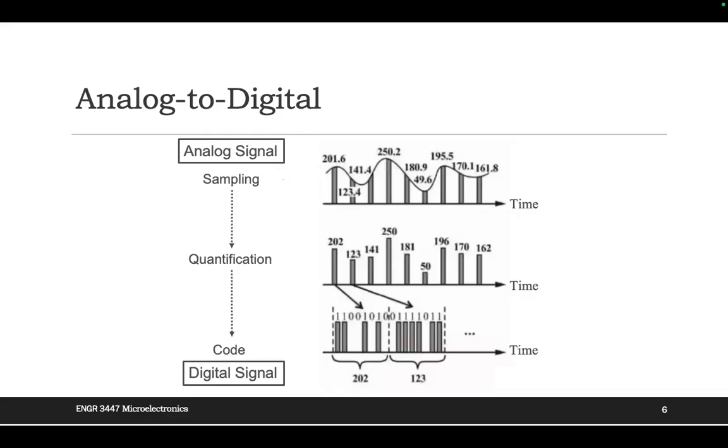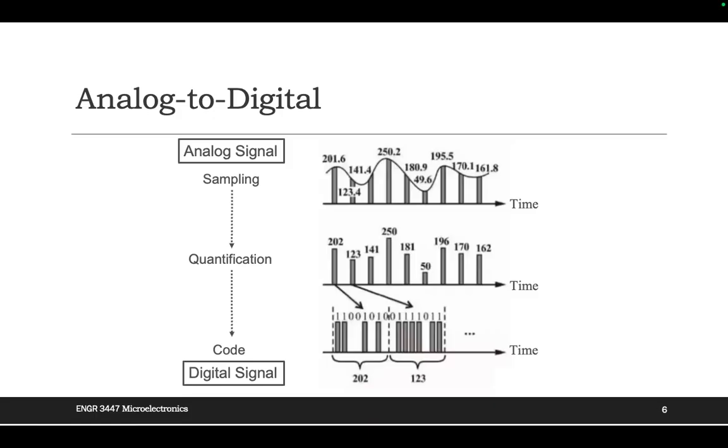But how? This is a continuous signal, and the computer doesn't deal with analog signals because unlimited time has unlimited values. The computer cannot deal with unlimited values, and it is not efficient.